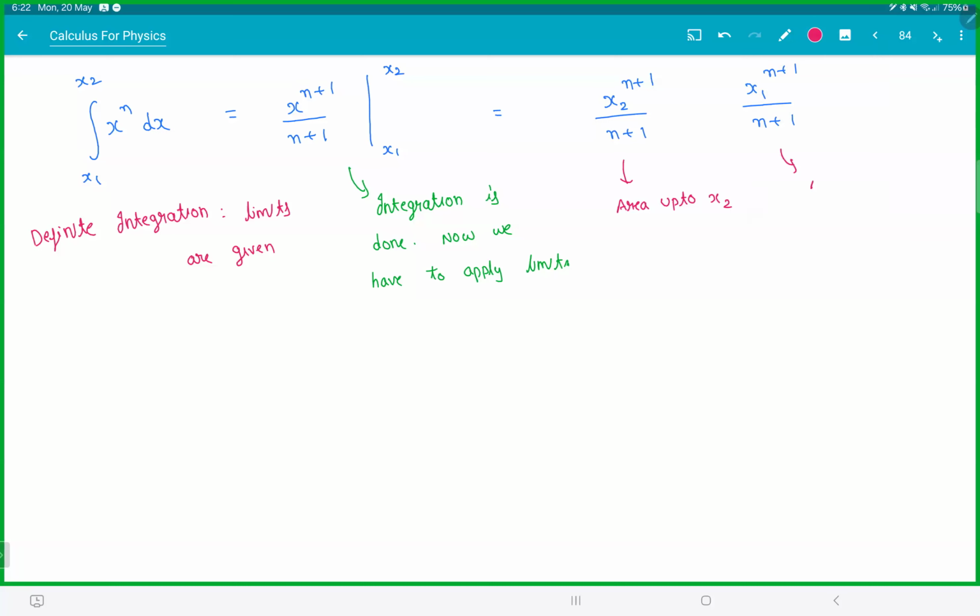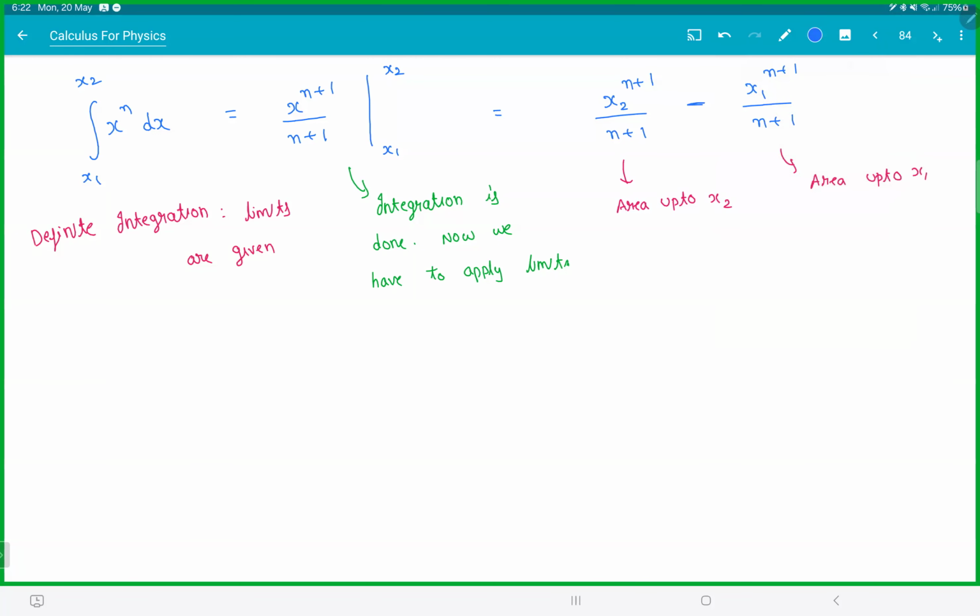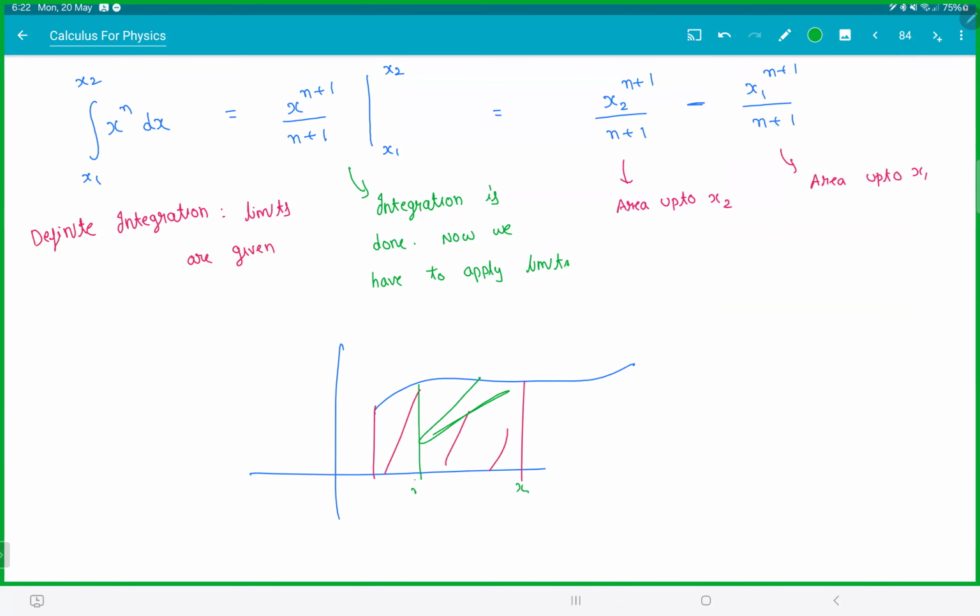This is the area up to x1. Now subtract them. So we have a curve here. You found all this area up to x2, then you found the area up to x1. Then you get the area between them, isn't it?